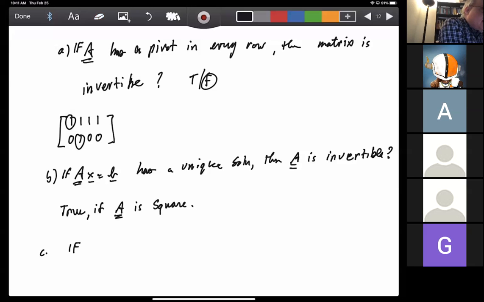So let's say your matrices A and B are square matrices. So the set of matrices that are n by n, let's say they have real entries, and these are invertible.